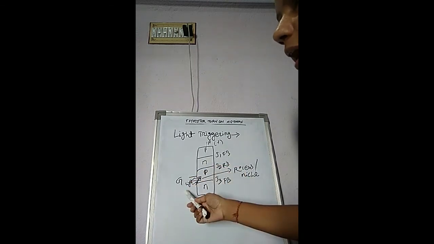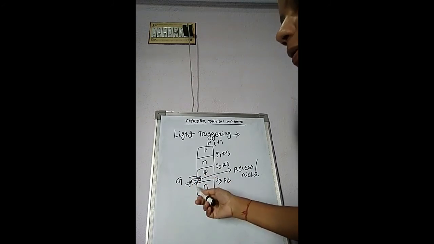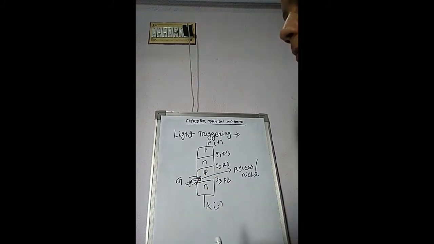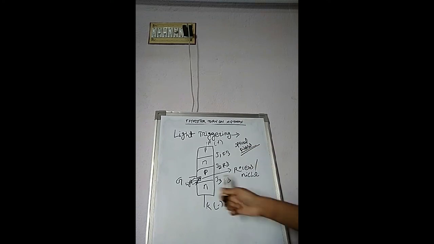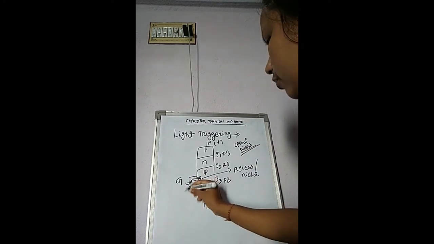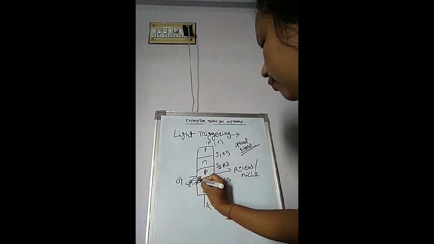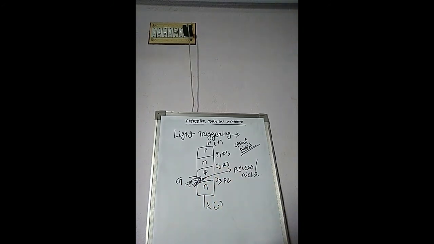The pulse of light of appropriate wavelength is guided by optical fiber. So light is irradiated through optical fiber. That means here is the connection of the optical fiber.